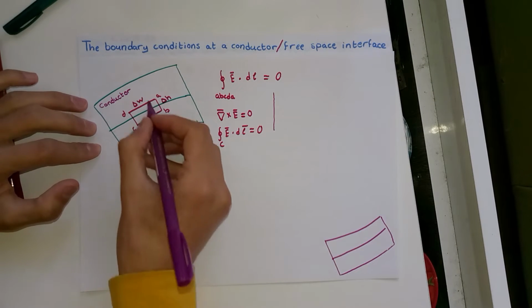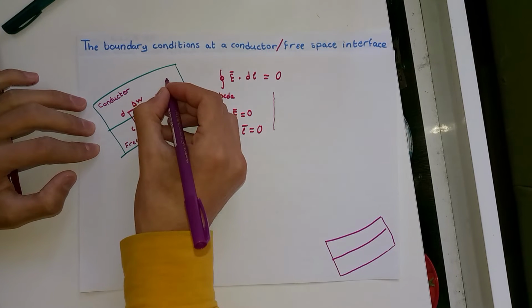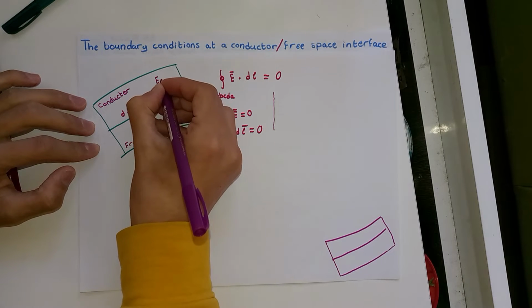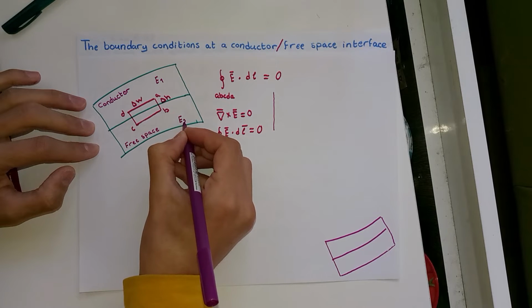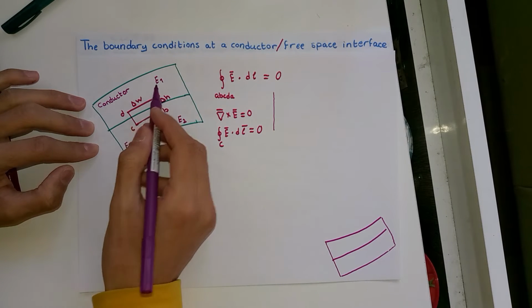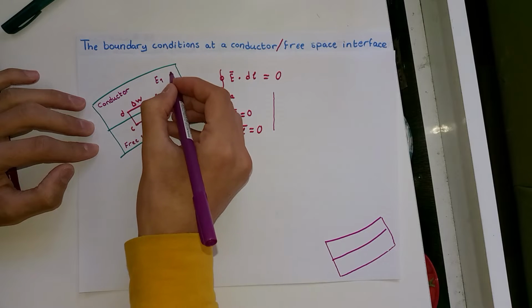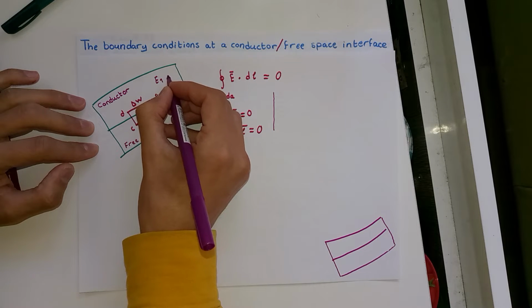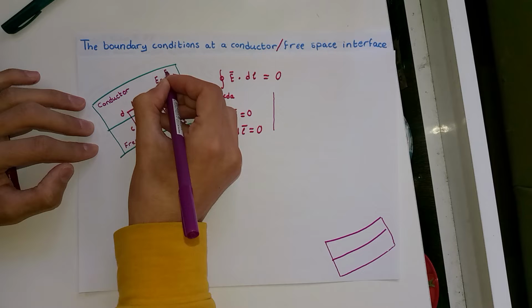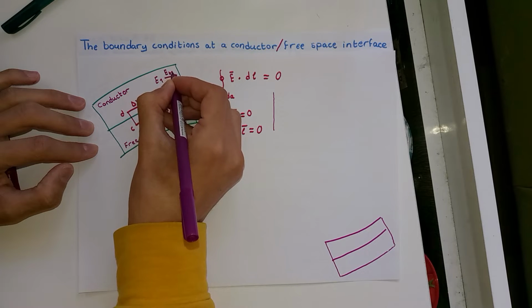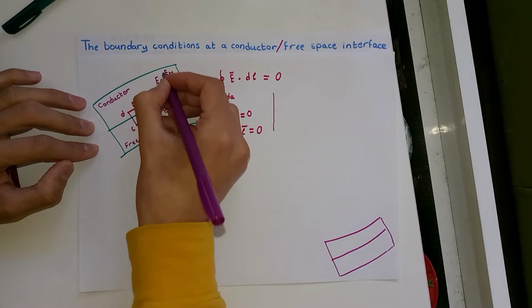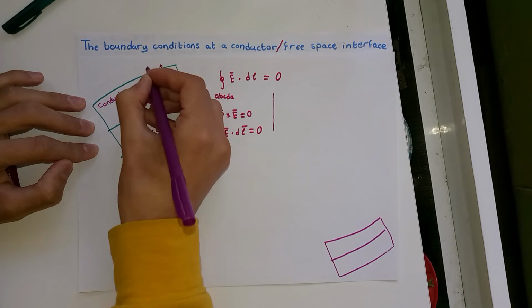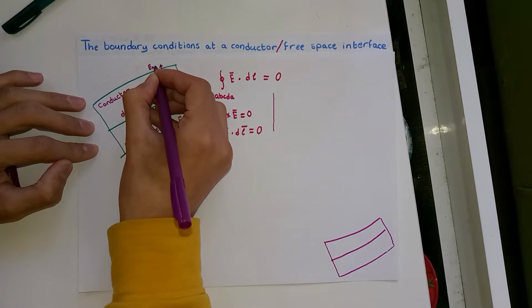Just take the integration. Let's call the electric field inside the conductor E1, and the electric field inside the free space E2. This electric field will have a tangential component, denoted by E sub t, and a normal one, let's say upward, which is En1.